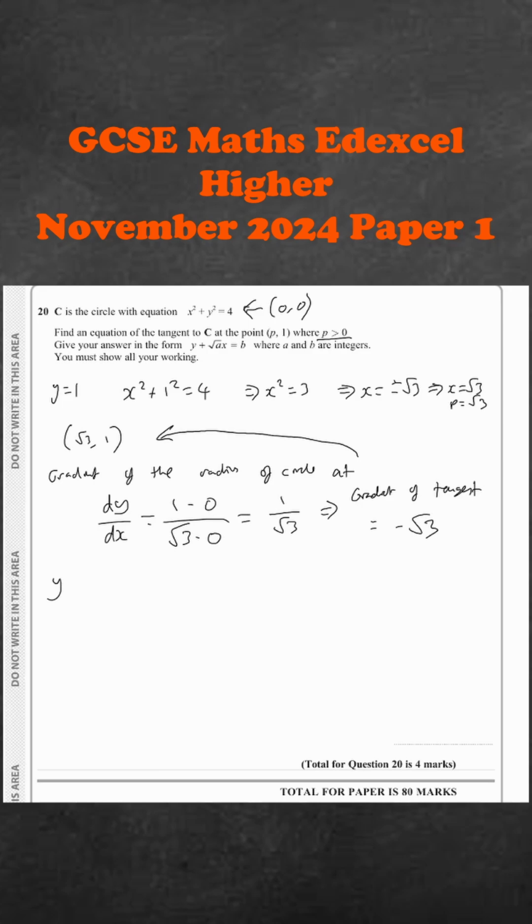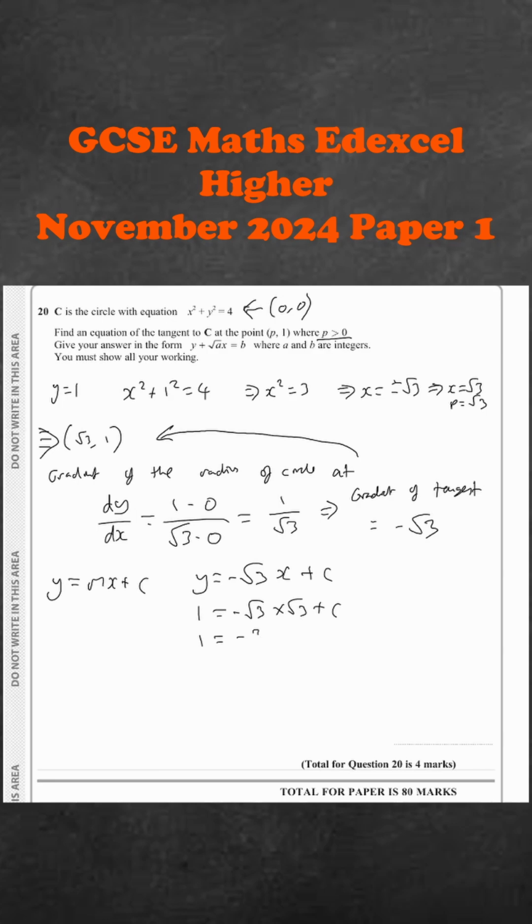So if we then formulate y equals mx plus c for the tangent, we can say y equals minus root 3 x plus c, and we will put back in my root 3, 1 from earlier. So we get 1 equals minus root 3 times root 3 plus c, so that we can work out c.